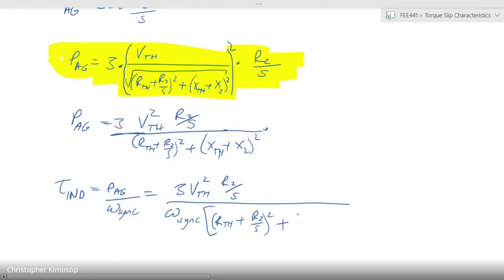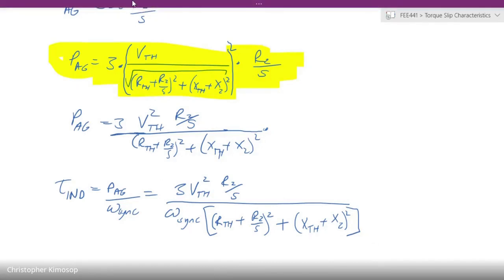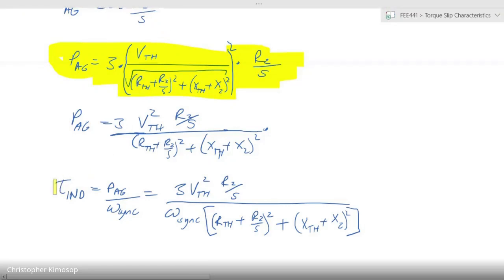Plus in the reactive parts. Okay. So this is now actually an expression for the induced torque that we were aiming for, all right?